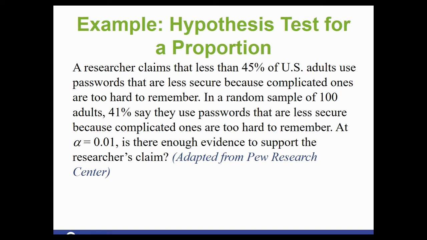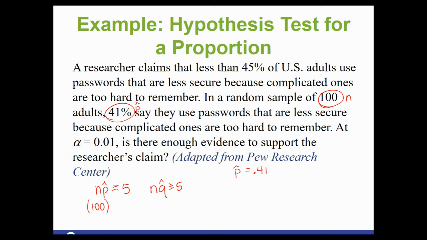So the first thing we need to do is check our condition. N times p hat, make sure it is greater than or equal to 5, and n times q hat, make sure that as well is greater than or equal to 5. So our sample size is given to us, 100. P hat is our sample proportion, so in this case, it is the 41%.